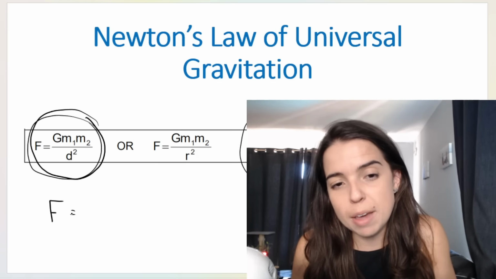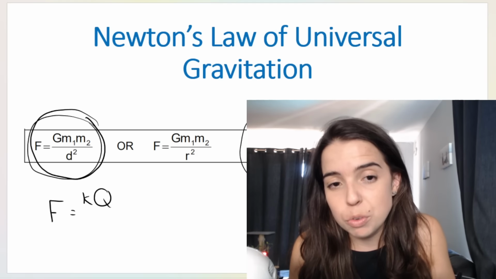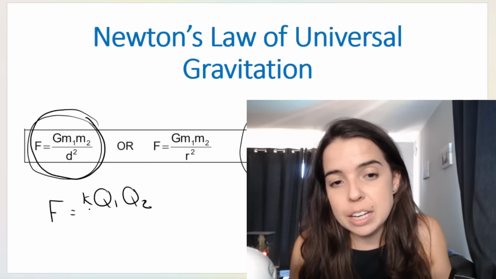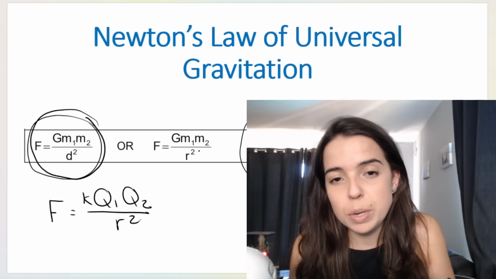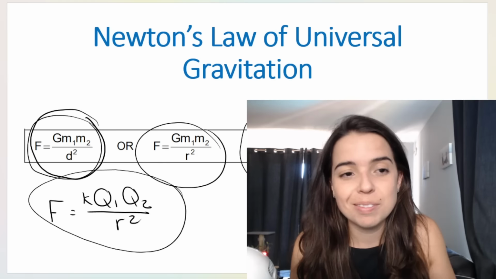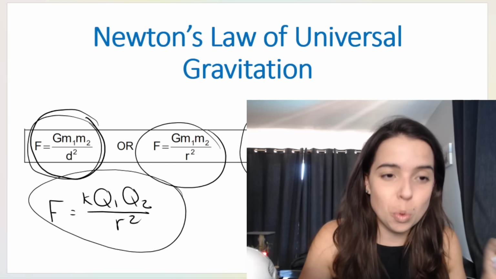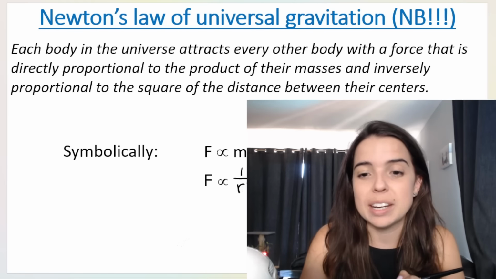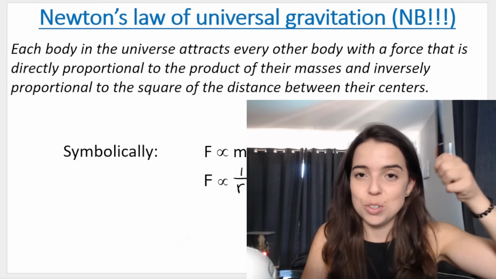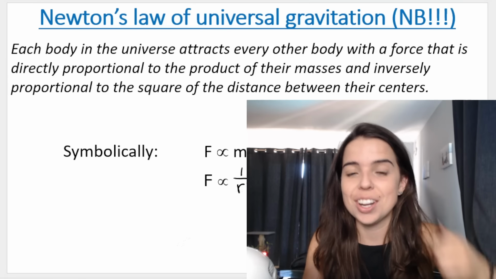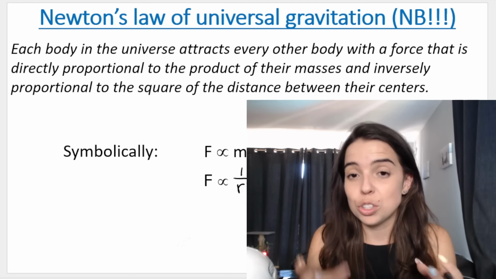This is Coulomb's law, by the way, if you have forgotten or if you haven't done it yet. Can you see the similarities between this and this? Well, if you do, then you will also be able to see the similarities between the Coulomb's law definition and the Newton's law of universal gravitation definition. They're very likely going to ask you one of the two.